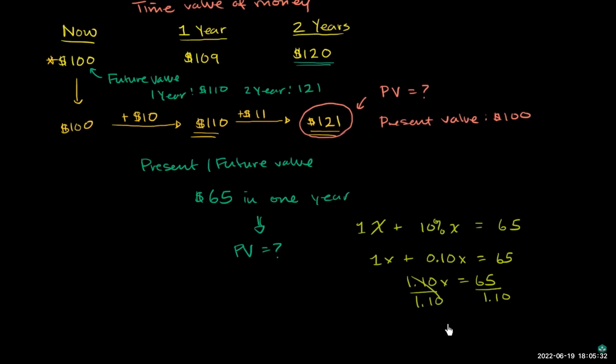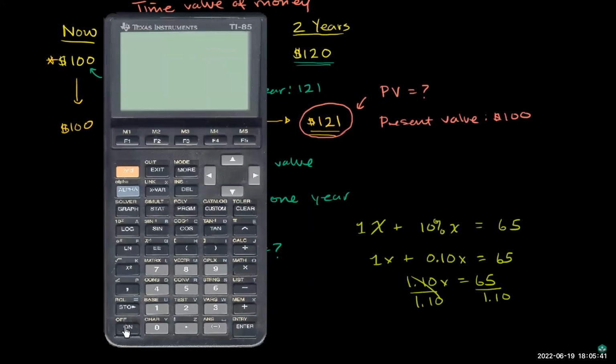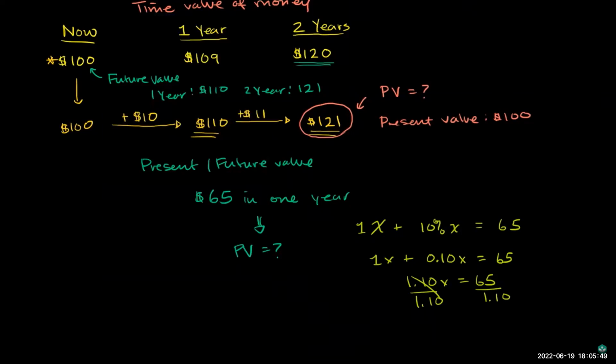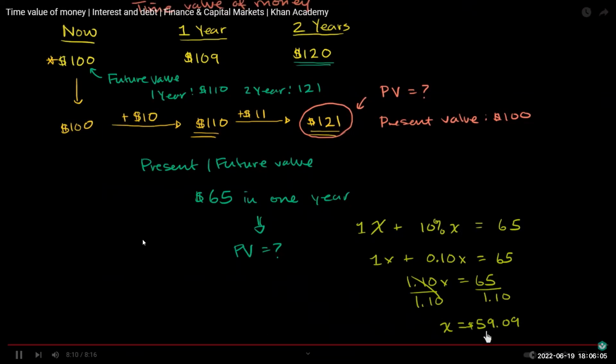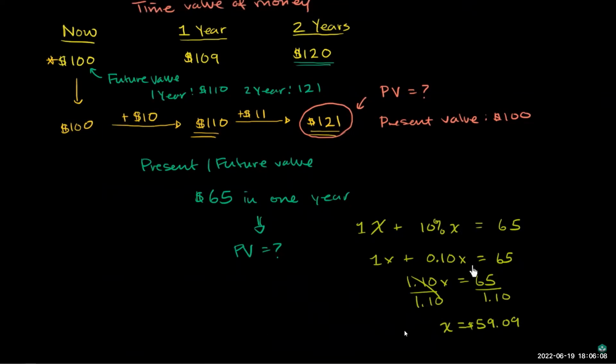So these cancel out, and x is going to be equal to 65 divided by 1.1, which is $59.09, rounding it. So x is equal to $59.09, which is the present value of $65 in 1 year. Or another way to think about it is, the future value of $59.09 in 1 year, assuming that 10% interest, is $65.